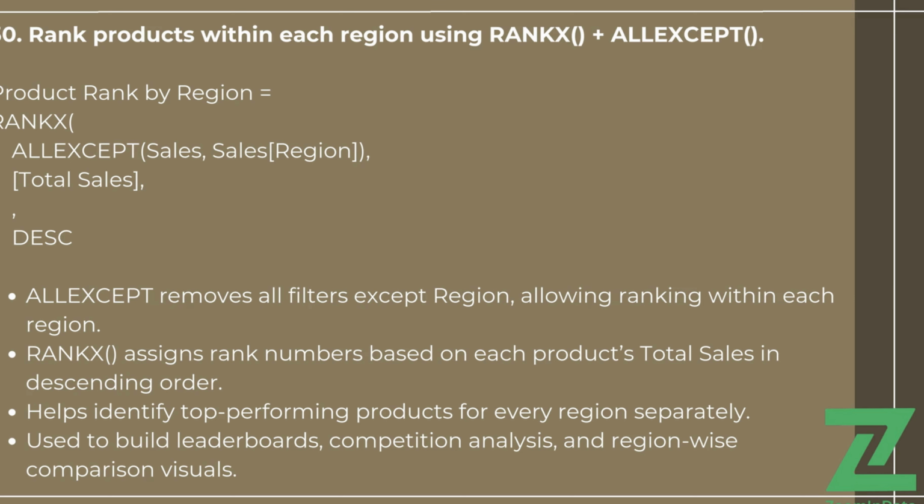It is commonly used to build leaderboards, perform competition analysis, and create region-wise comparison visuals. For example, writing Product Rank by Region = RANKX(ALLEXCEPT(Sales, Sales[Region]), [Total Sales], , DESC) will rank the products within each region based on the total sales.